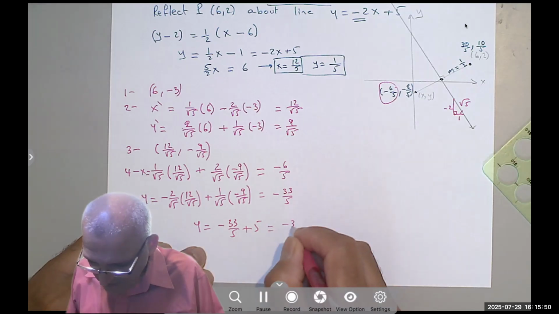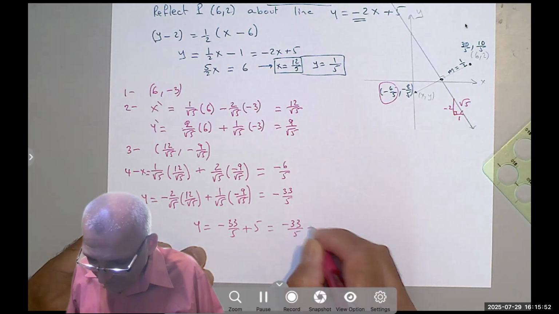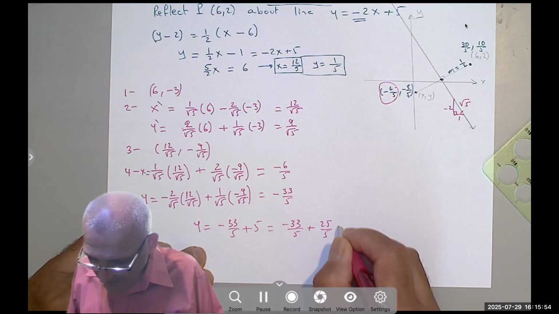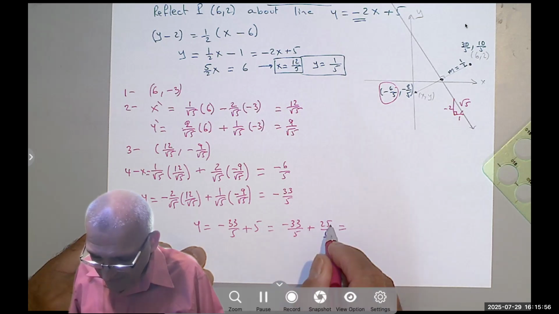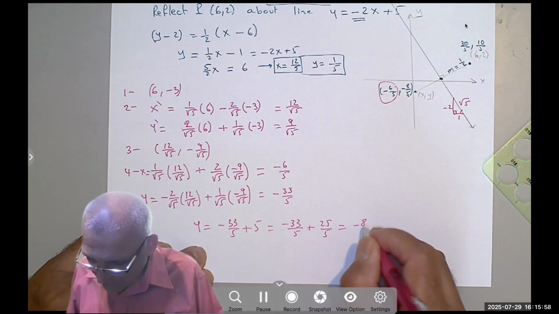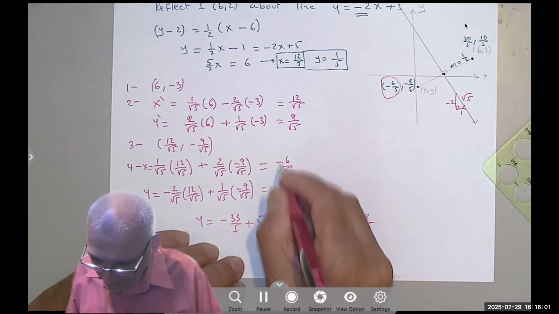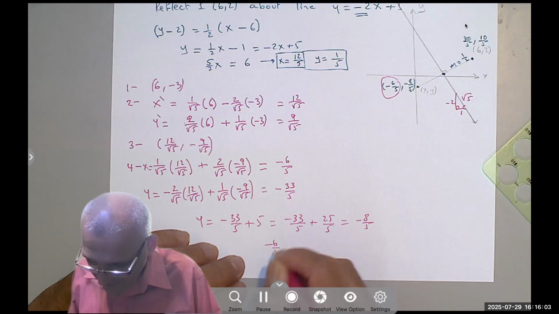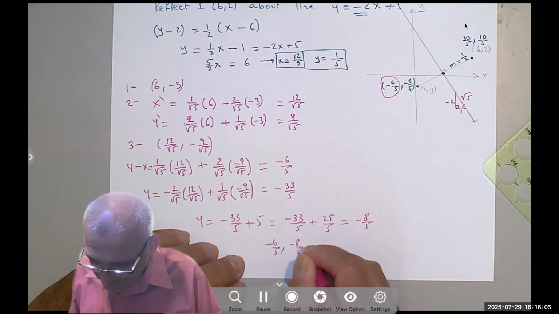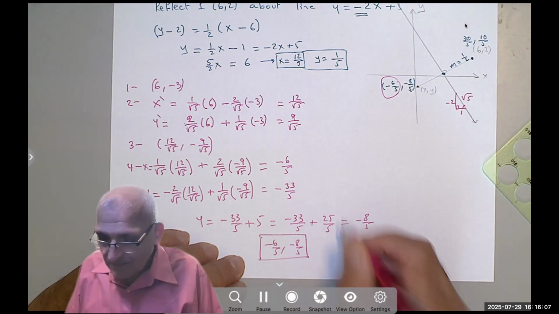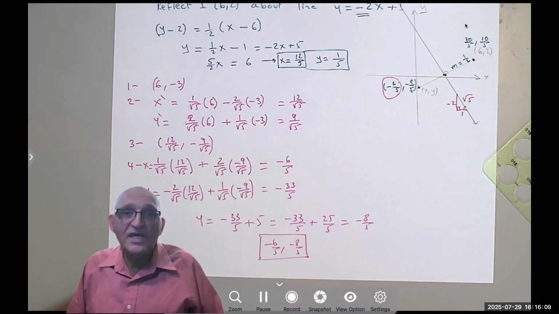Our 5 units are 25 over 5, and 33 minus 25 is 8, so that's negative 8 over 5. And finally, the point is negative 6 fifths, negative 8 fifths, which is exactly what we had here.